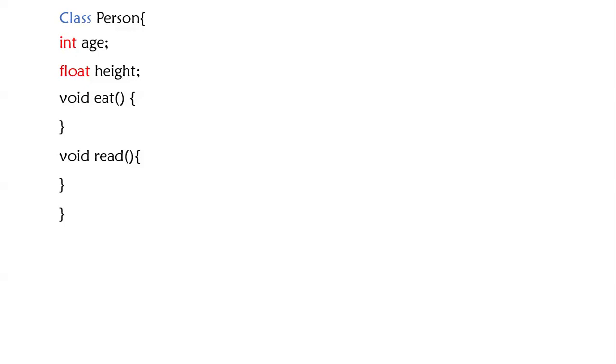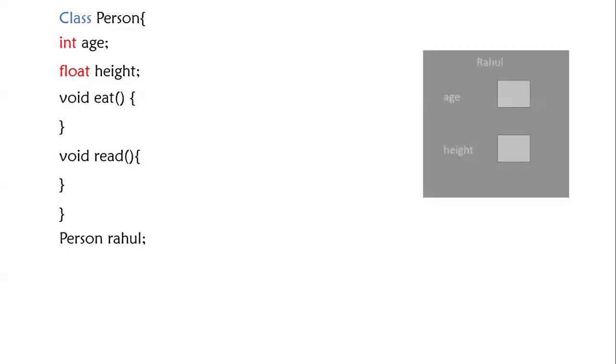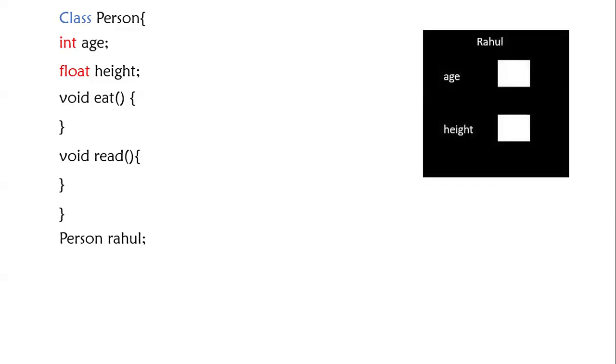So to allocate that memory, we are creating an object like Rahul. What this object means is, inside RAM, a memory will be allocated and age and height will occupy some memory. So those locations will be allocated inside the RAM when we create a person Rahul.